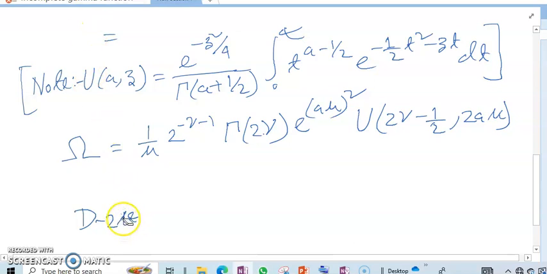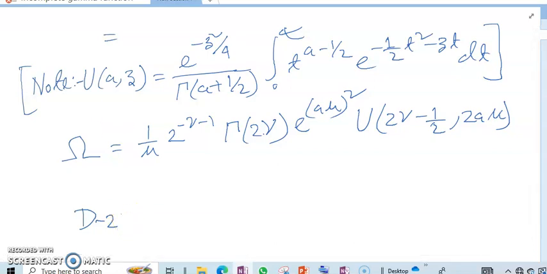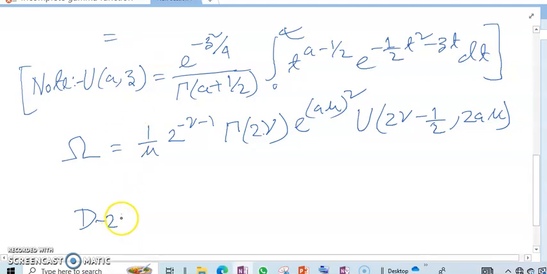So D(2 nu, z) equals U(2 nu minus half, z).